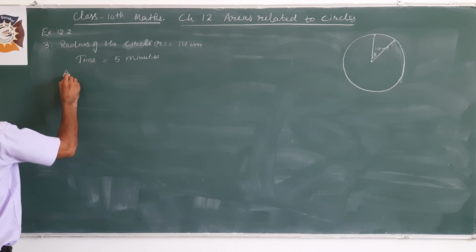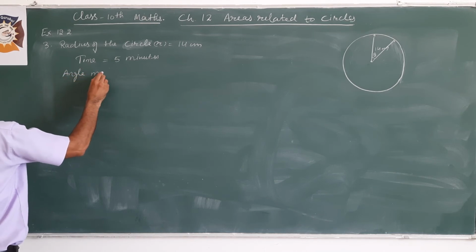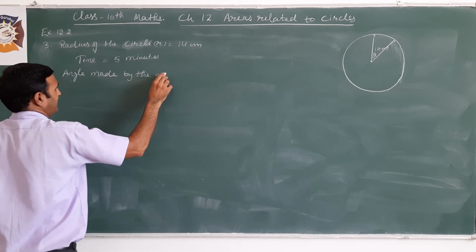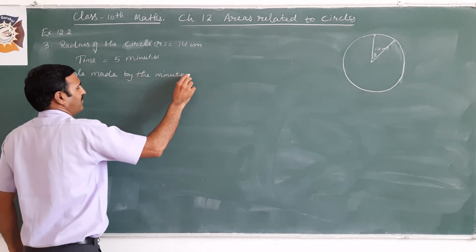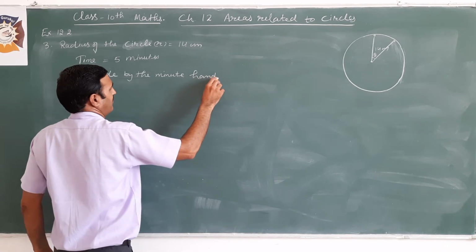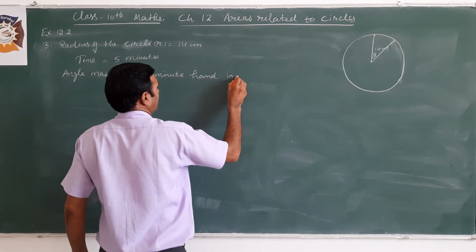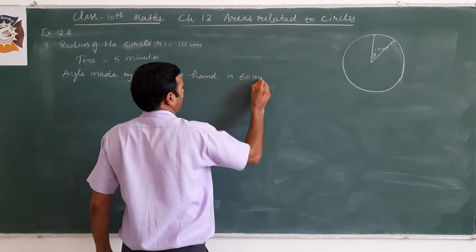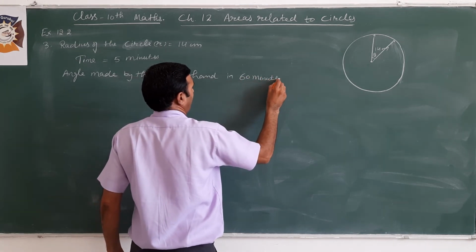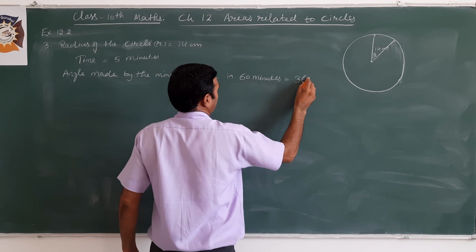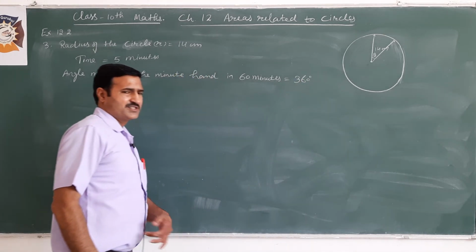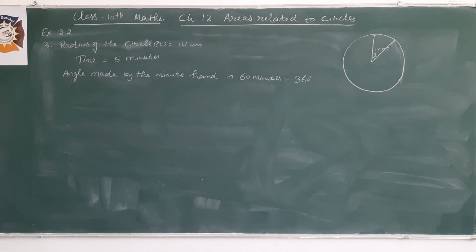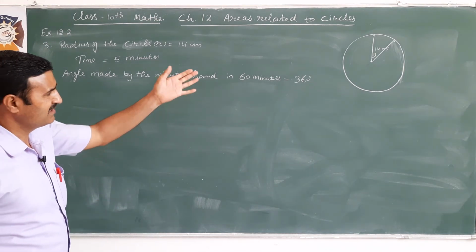So the angle made by the minute hand in 60 minutes is 360 degree, we know this. In 60 minutes it will complete one round, and in one round the angle is the complete angle, that is 360 degree.